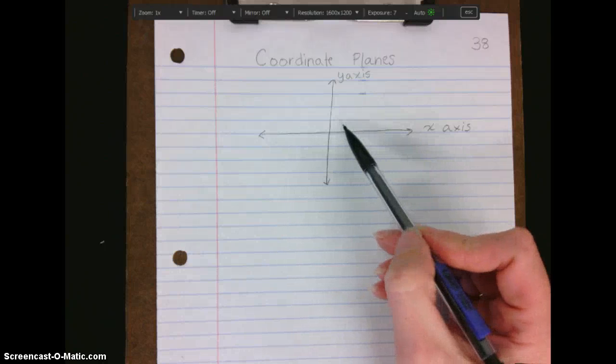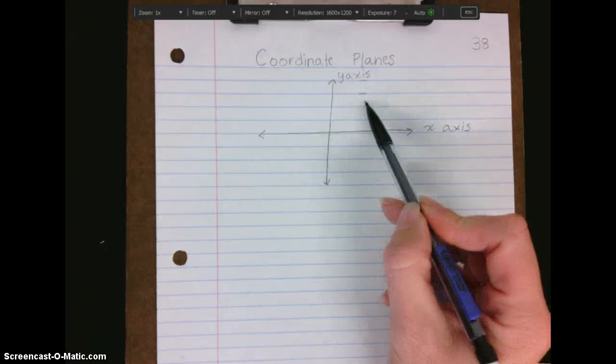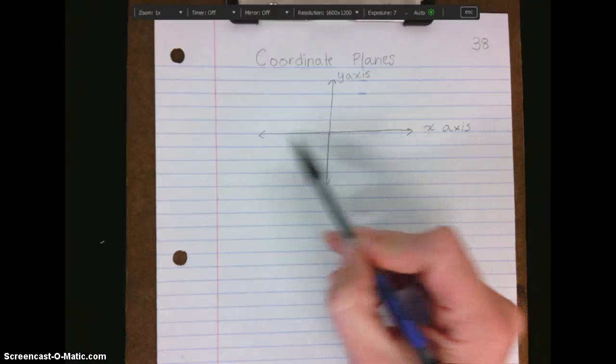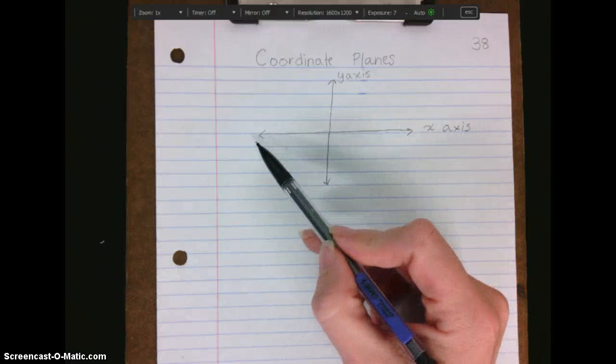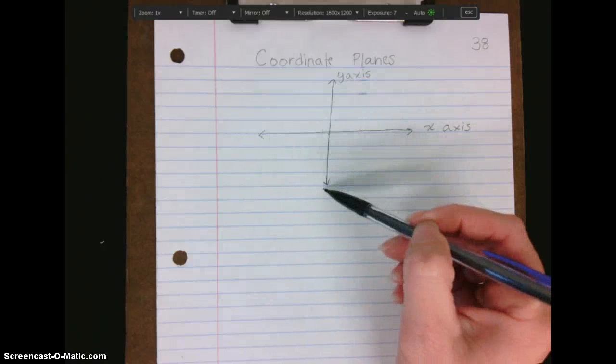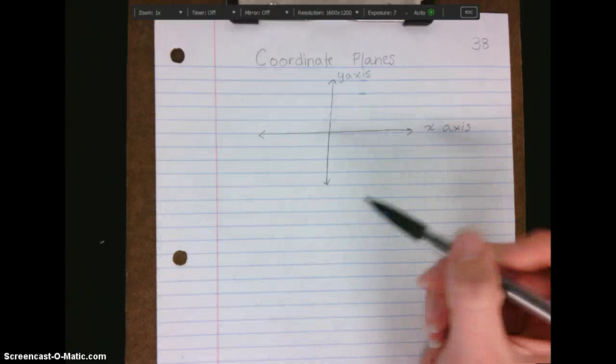Basically, when you use those as graphs, you've been using this little square here. But since it's the intersection of two number lines, we know that it goes to the left now into infinity and beyond using our negative numbers, and it also goes below to infinity and beyond using our negative y numbers.